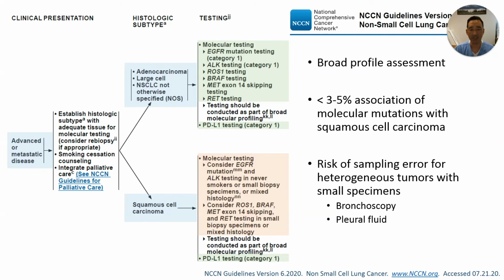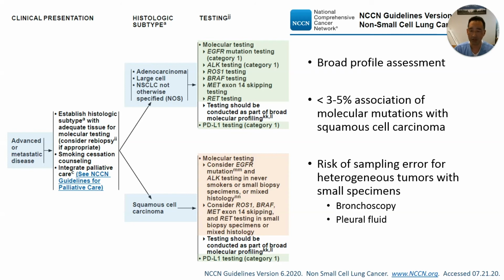And we would test it based on the concept of mutual exclusivity, that if you were positive for one, such as EGFR, it is highly unlikely that you would be positive for any of the other mutation markers. So we would do this serially, and if one came back positive, we would then stop our testing. If one came back negative, we would then move on to the next marker. But this takes time. So we should be doing it all as part of a single test broad profile assessment.